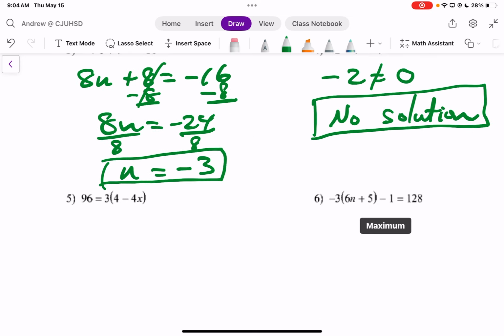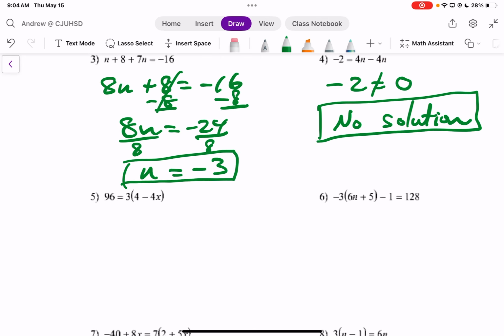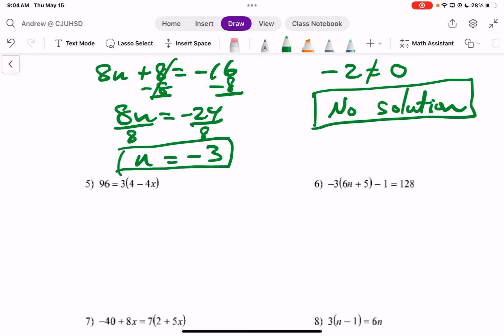Okay, now that we're at the end of the course, I'm going to tell you a little secret. Sometimes you can get away with not distributing. Here's what I mean. If I just divided by 3 at the beginning, 3 will go into 96 evenly. Did you try distributing?